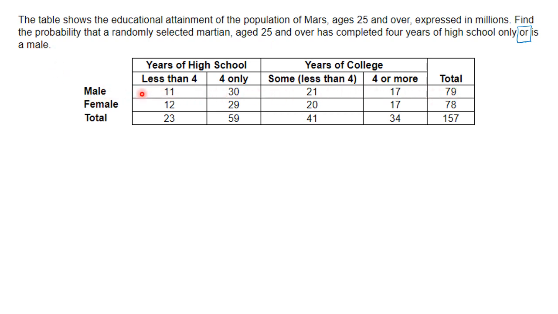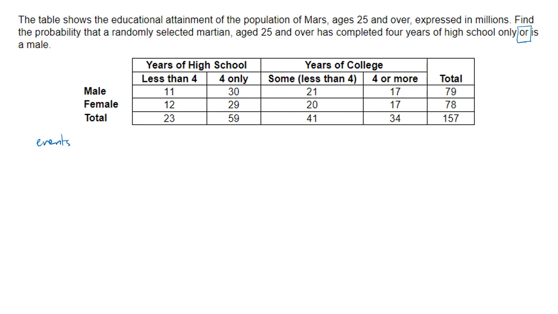So when we look at the population of males right there, and we look at those who completed 4 years of high school, which is right there, we see that there is some commonality. There are 30 million who are both. So this is common. They are both male and completed 4 years of high school, which means we need to use the concept of probabilities of two events that are not mutually exclusive.